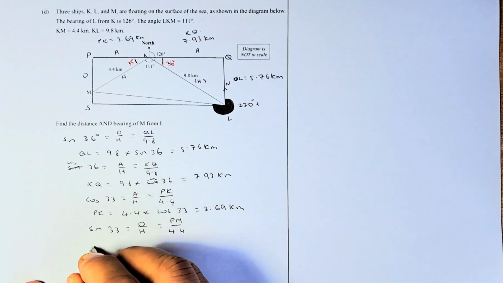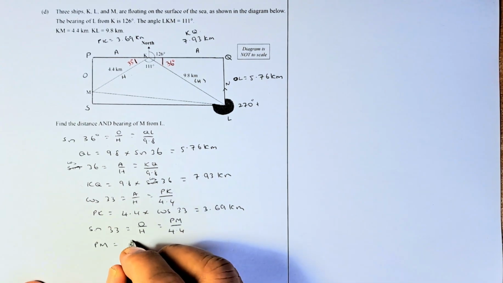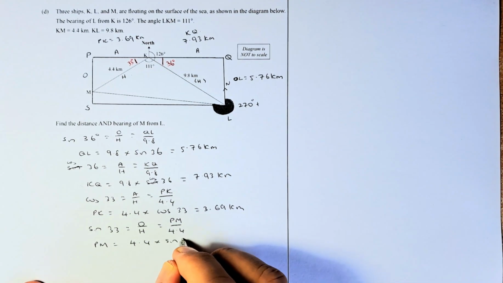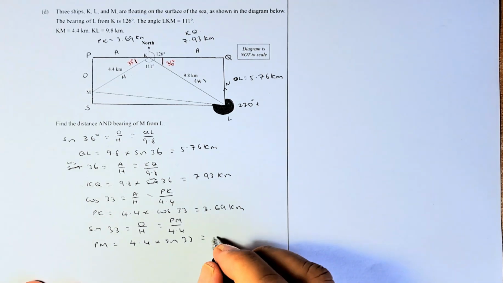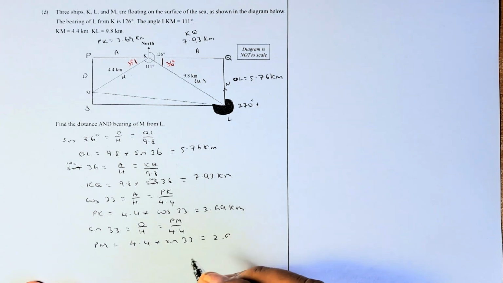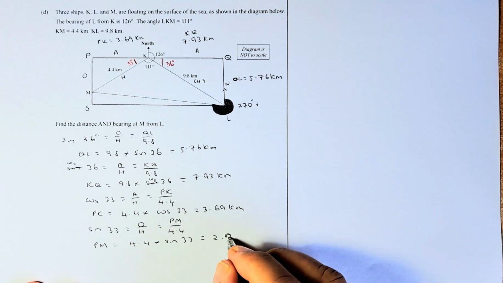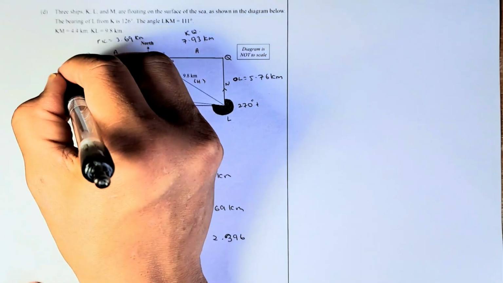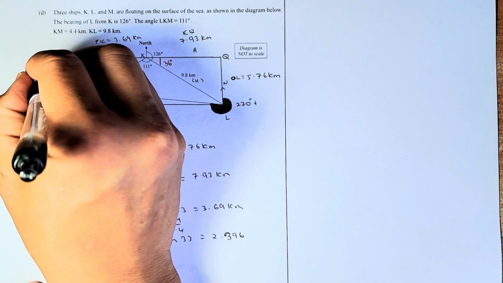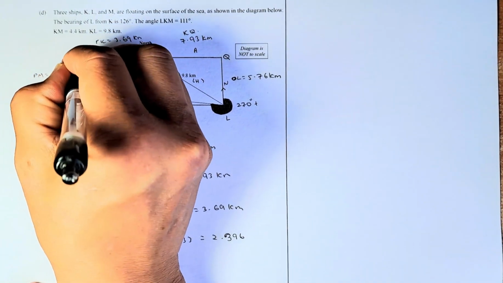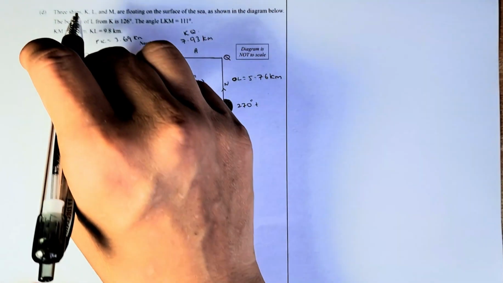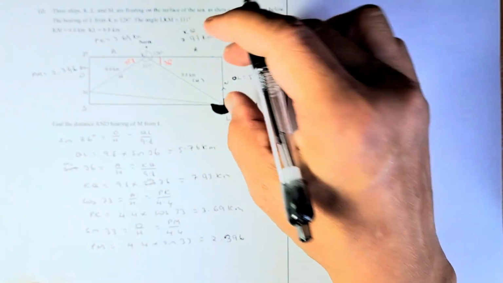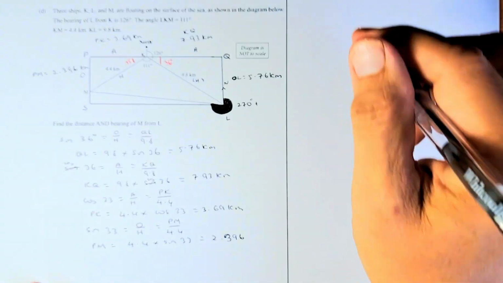PM is 4.4 multiplied by sine 33, which is 2.396 km. Now we can calculate MS, because this length is 5.76 and that length is 2.396.